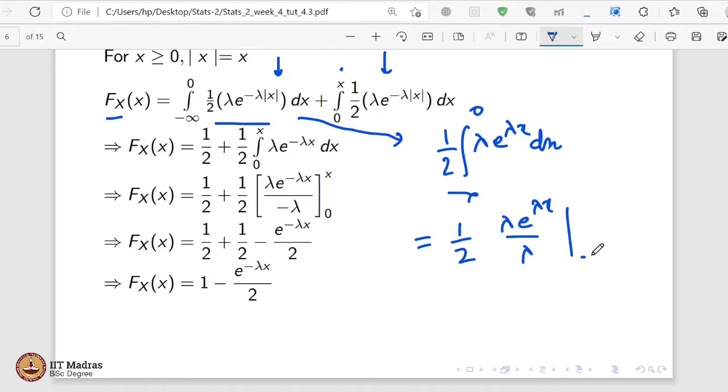Lambda will get cancelled. 1 upon 2 we put e to the power 0 is 1, minus e to the power minus infinity is 0, so we have 1 upon 2.